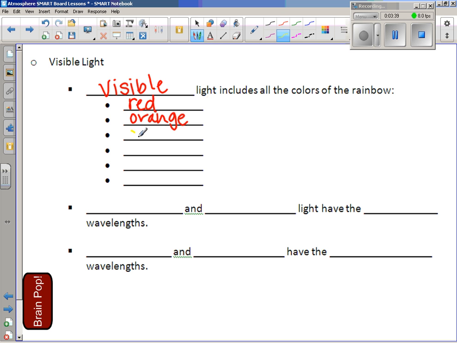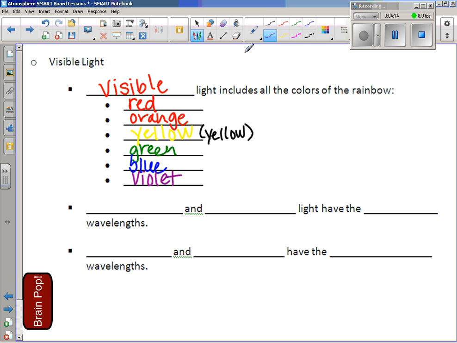Try to write in yellow. Could you tell? Okay. Yellow. There, you can see that better. Green. Blue. And violet. Okay, so these are all the colors of the rainbow.